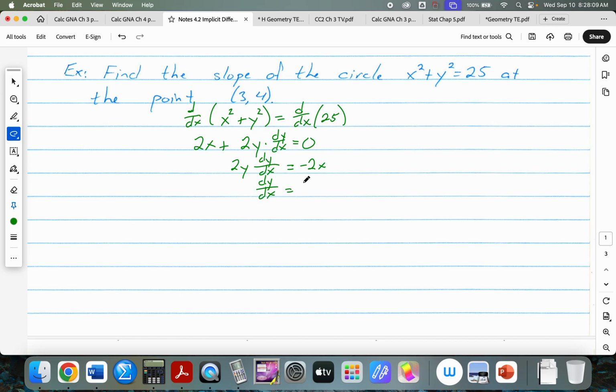And I get that dy dx is negative x over y. So the slope evaluated at the point 3, 4 is going to be negative 3/4.